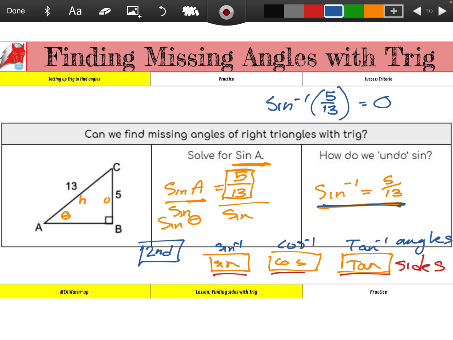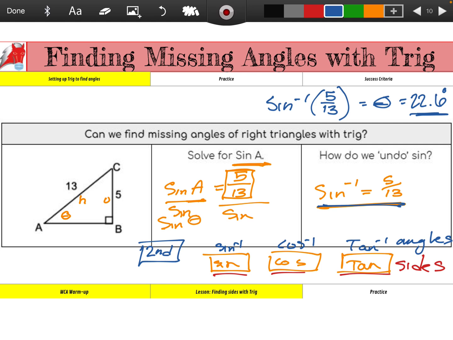What is the angle that fits that ratio? So you go 5/13, and I know that my degree measure ends up being 22, and to the nearest tenth, 0.6 degrees. And there it is. That's the unique angle for that ratio, knowing its opposite over hypotenuse. That's it.